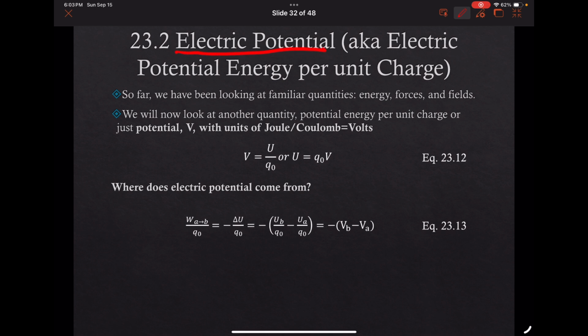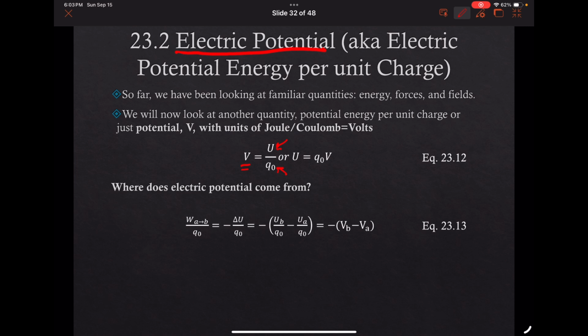We've dropped off the word energy, and that's because we've scaled energy by a factor of charge. So potential, which we denote by V, is potential energy scaled by charge.